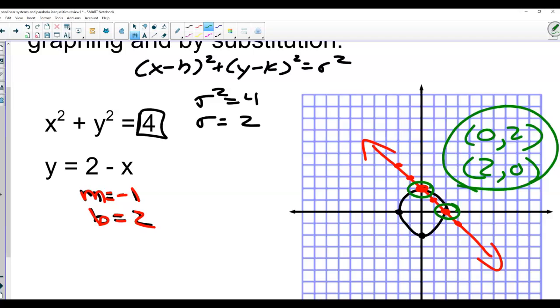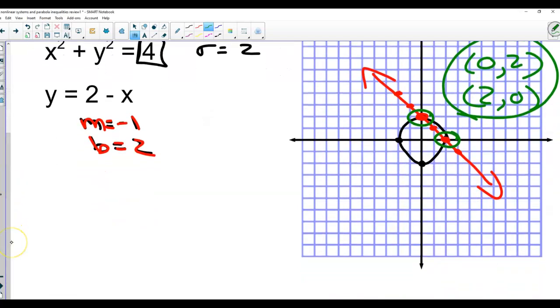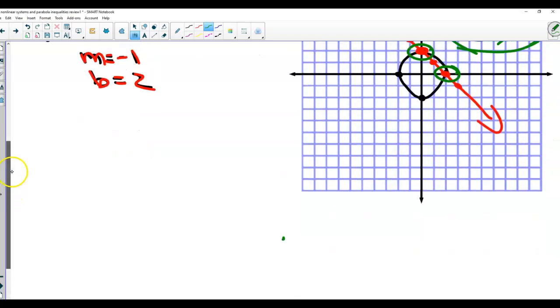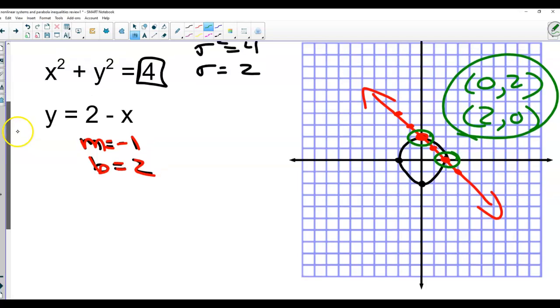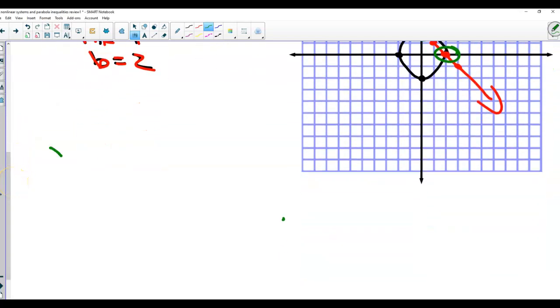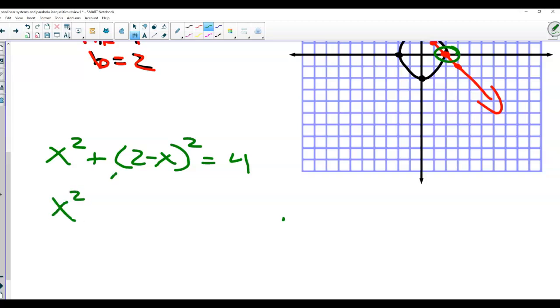I will also ask you to do this algebraic. So the algebraic way is this. We use substitution. We substitute 2 minus x in for y, because y equals 2 minus x. You have to FOIL the 2 minus x.